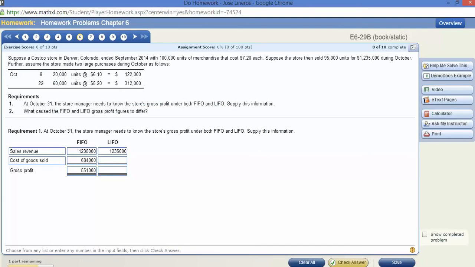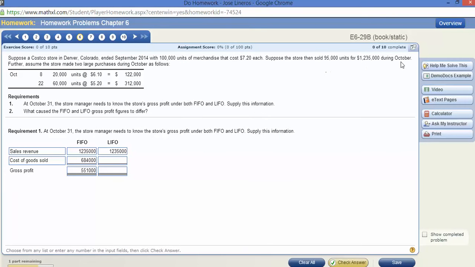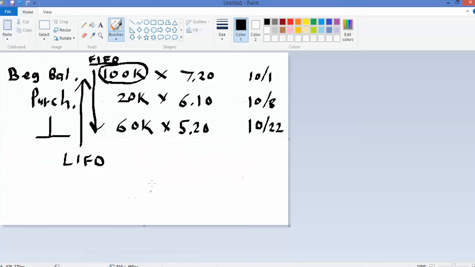Notice we're not playing this game of when this was sold, and it just says during October, right? So we're not playing this game of when, was it sold between the 8th and the 22nd? Was it sold between the 1st and the 8th? We are just assuming it was sold during October sometime, and it's time to go ahead and start consuming our layers LIFO style. So we're going to consume for sure 60,000 at $5.20.